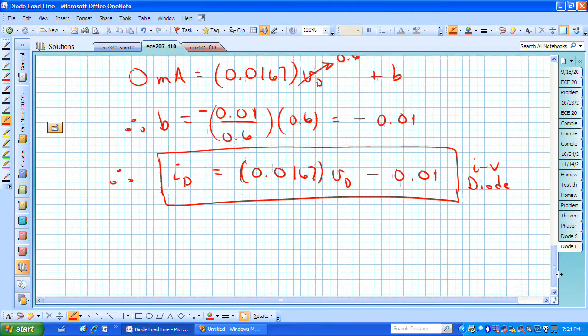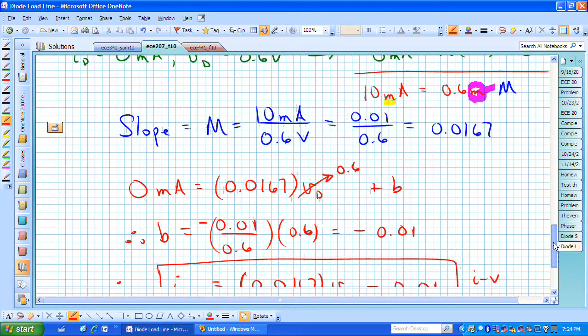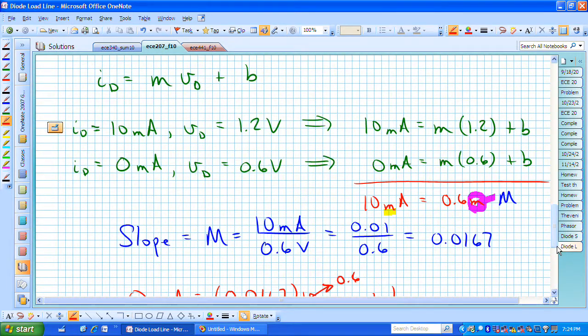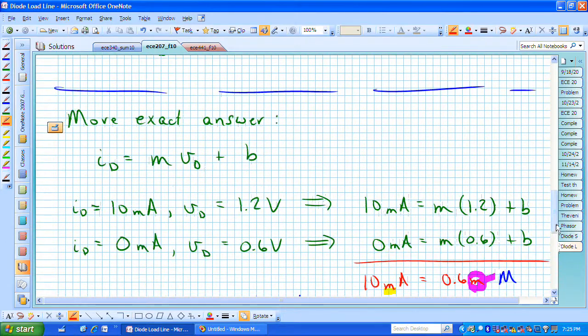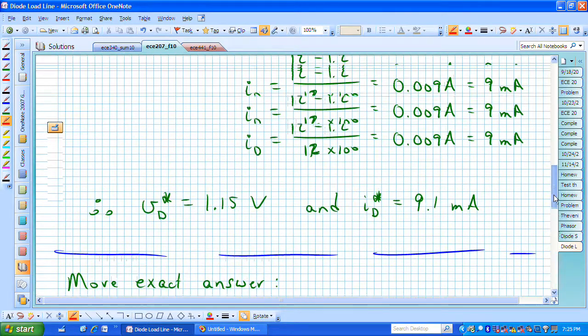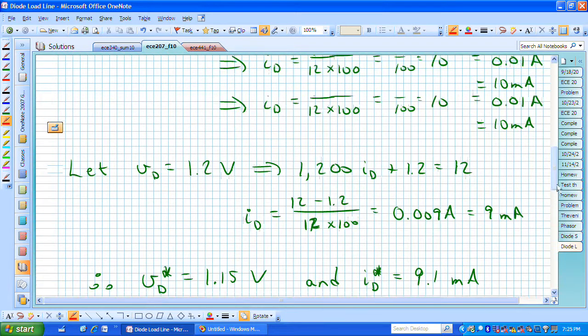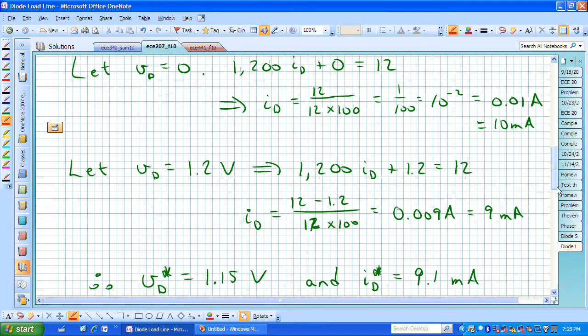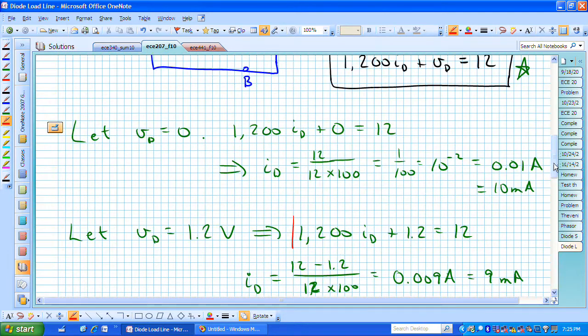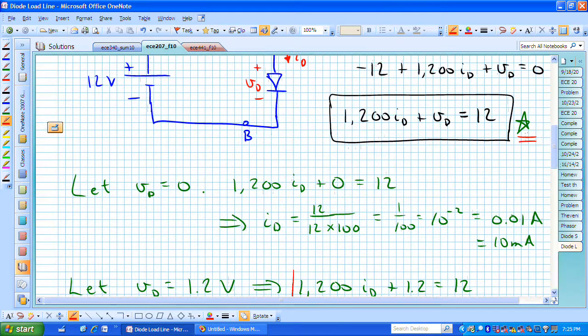That's now a straight line, and a lot of times that's an exponential curve. And we also have the equation that we found near the end of our solution in the first part of the problem, this equation right there, star.